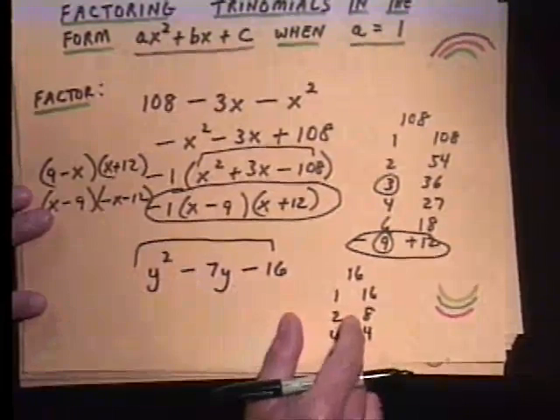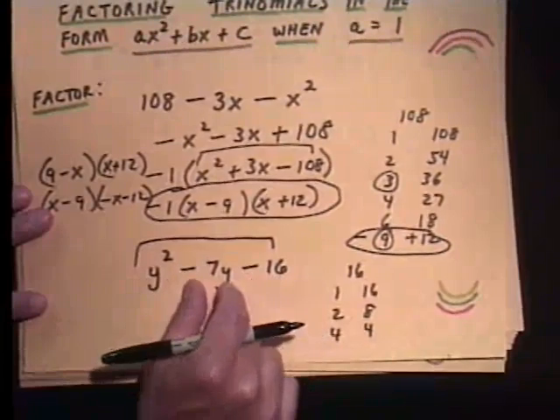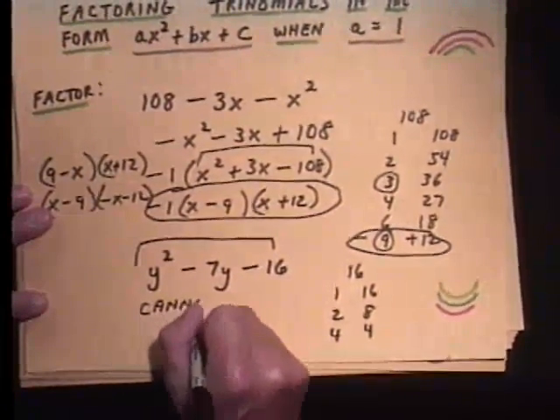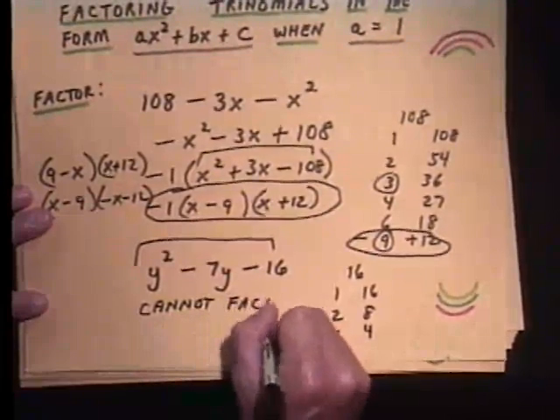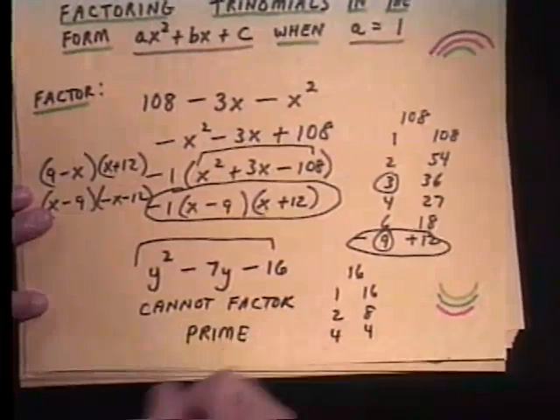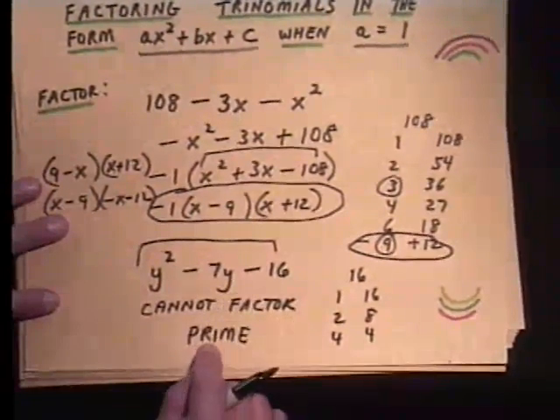This is a trinomial that doesn't factor, and I can tell because there are no factors of the outside that give you the middle. This is one that some textbooks put cannot factor, but what Young likes to write on these is prime, a prime polynomial. There are prime polynomials just like there are prime numbers.